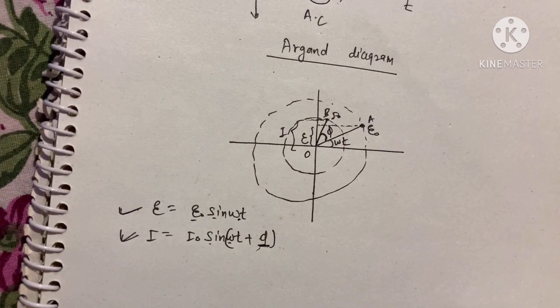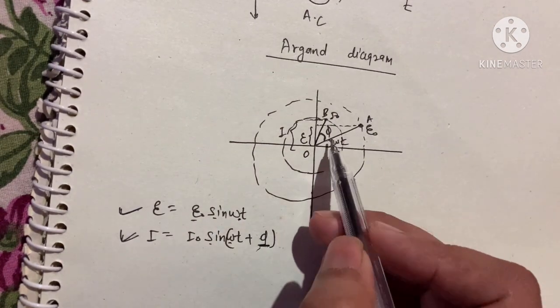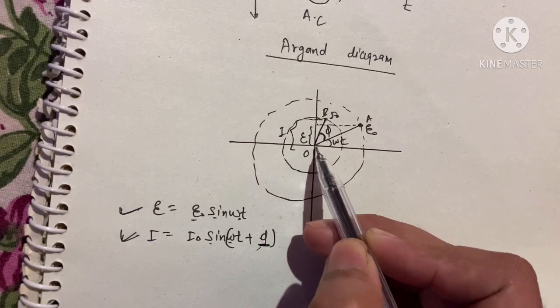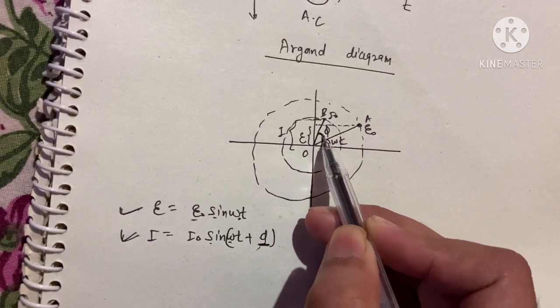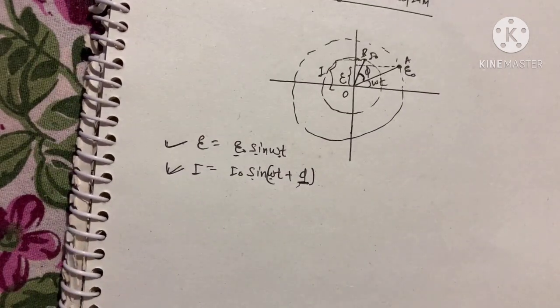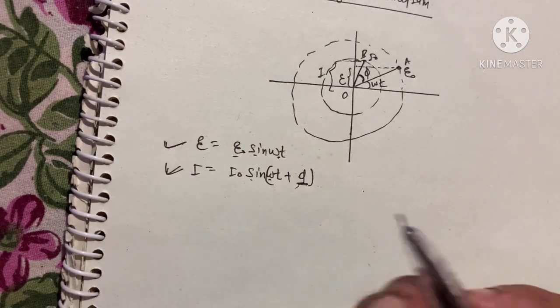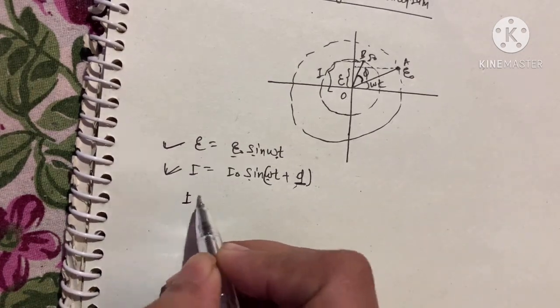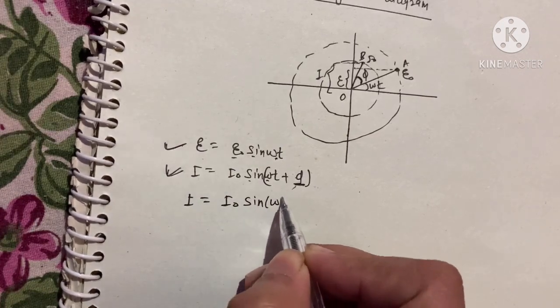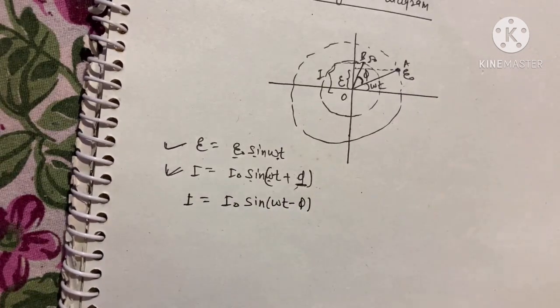Now in this case we can say that current is leading, see, current is ahead here. So current is leading EMF by phase phi. If current lags behind the EMF by this phase difference, then the equation becomes I0 sine omega t minus phi.